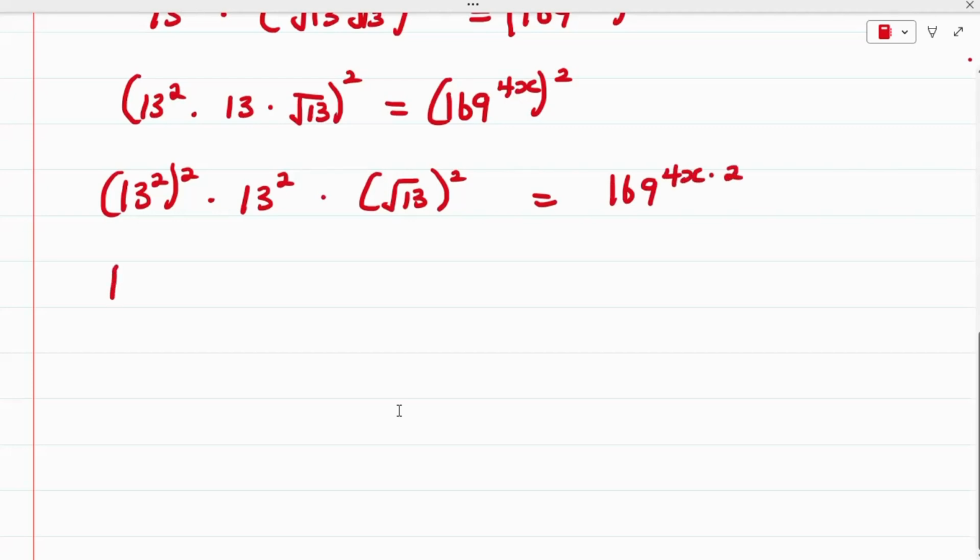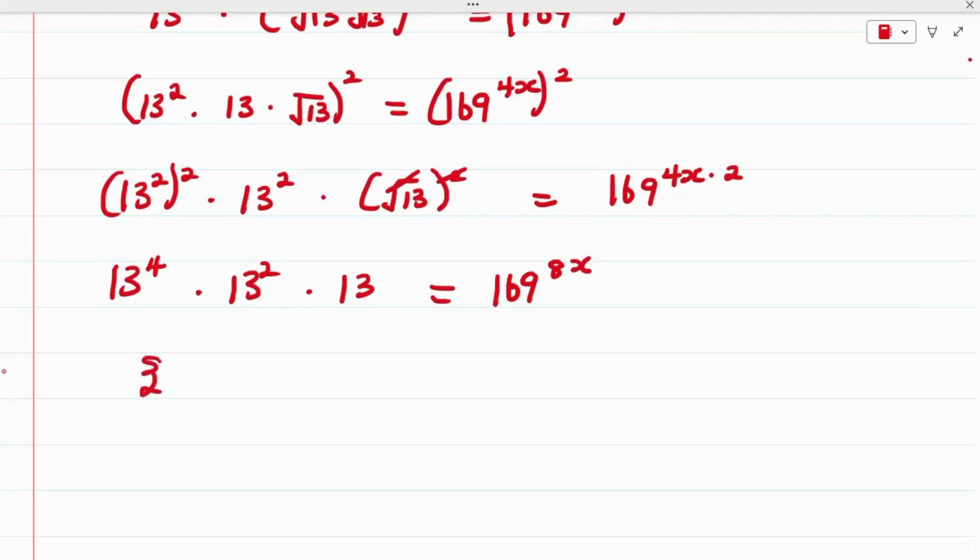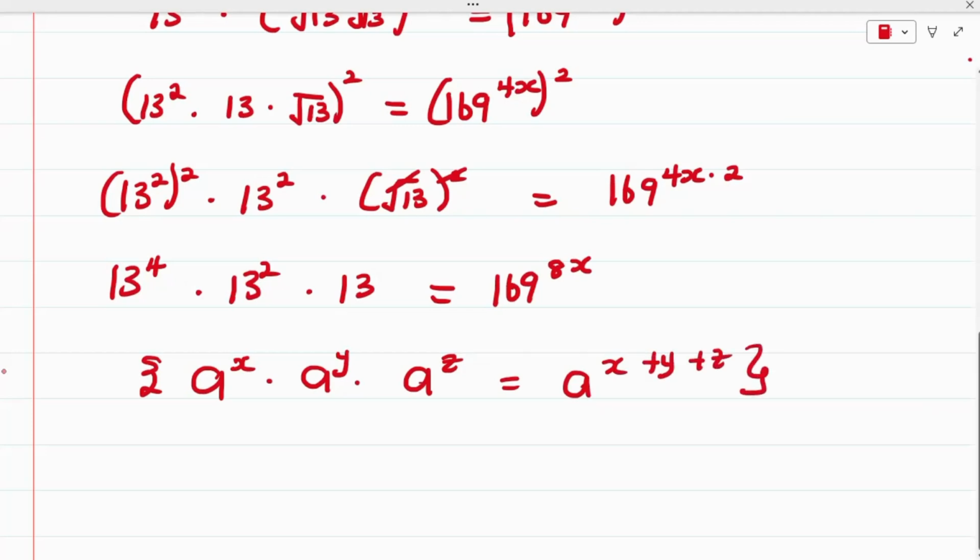So we have 13 raised to the power of 2 multiplied by 2 is 4, multiplied by 13, this cancels out this, so we have 13, which is equal to 169 raised to the power of 4x multiplied by 2, which is 8x. From the property of exponents, if we have a raised to the power of x multiplied by a raised to the power of y multiplied by a raised to the power of z, this is equal to a raised to the power of x plus y plus z. We want to apply this property, and this is raised to the power of 1.